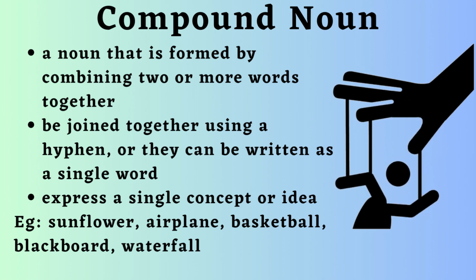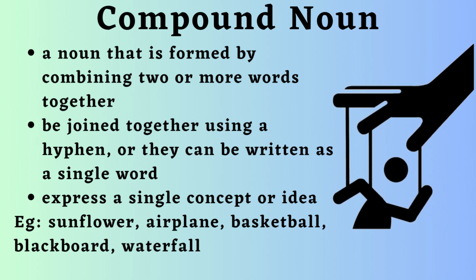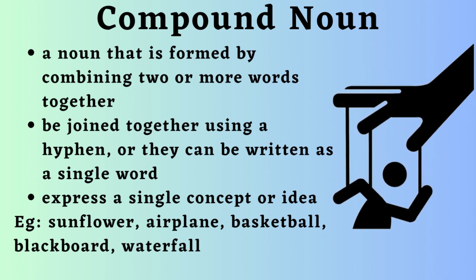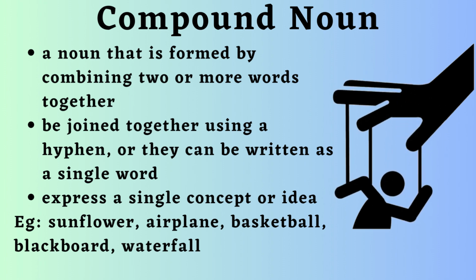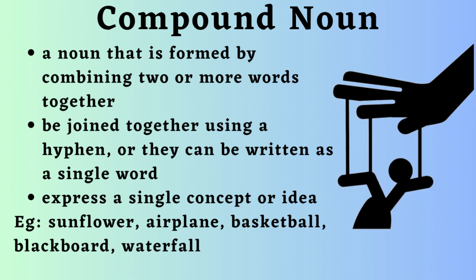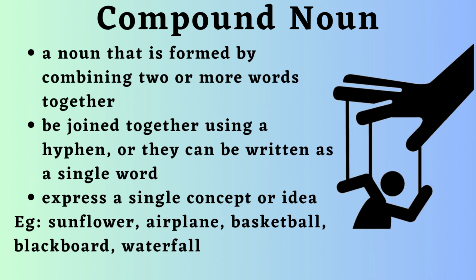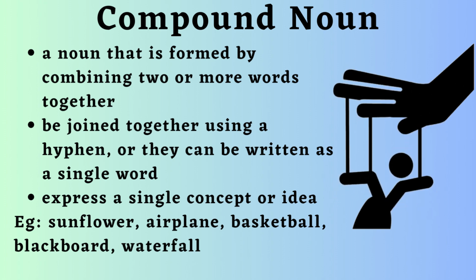The first word is sunflower. The words sun and flower are combined to create a single noun that refers to a specific type of flower that resembles the sun. The other word is airplane.